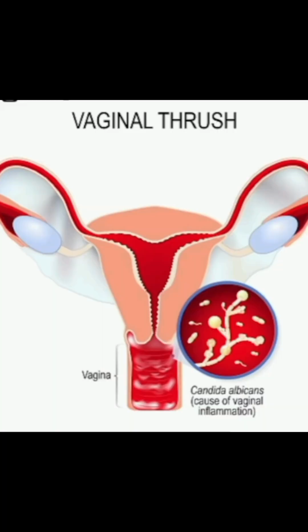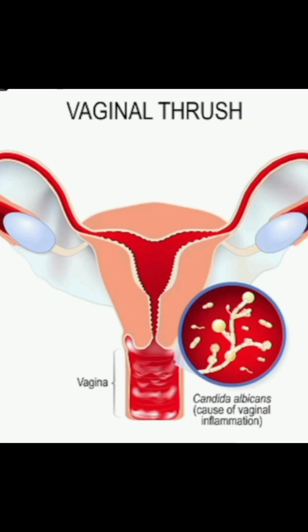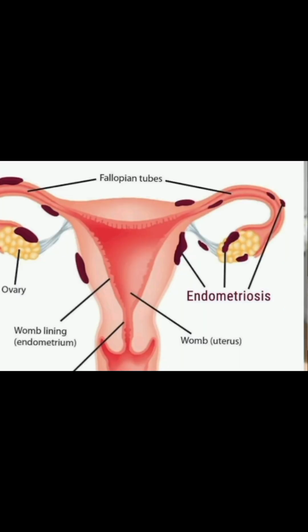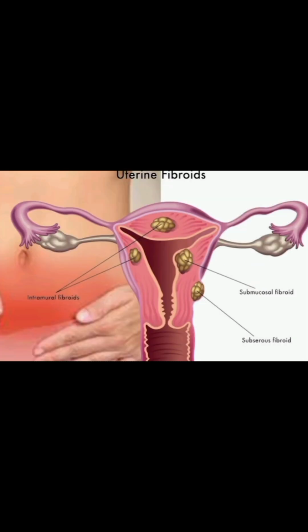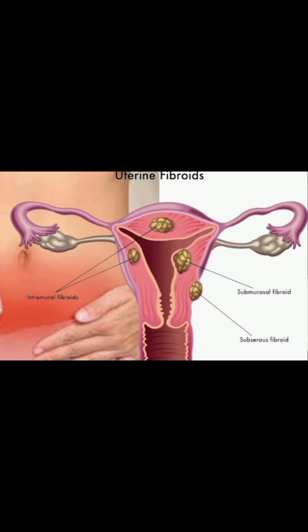If the pain is due to infection, for example, yeast infection or thrush, treatments will be anti-yeast tablets or creams. If pain is due to endometriosis or fibroids, then treat the endometriosis and fibroids, and sometimes this could be done with medication and sometimes it requires surgery.